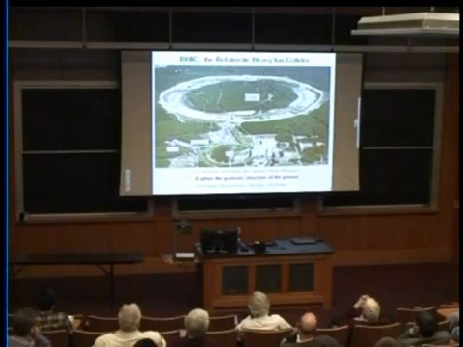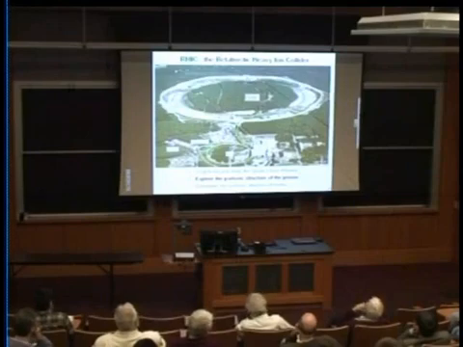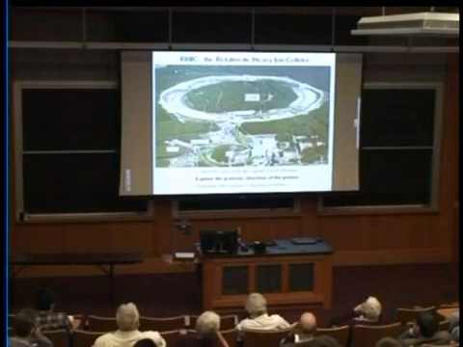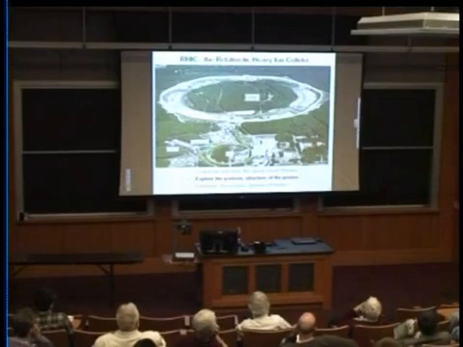And those 2 rings cross each other at 6 points, and those are where collisions occur. That's actually G-2, and that's from a former experiment, which is no longer located there. It has now been moved to Fermilab.